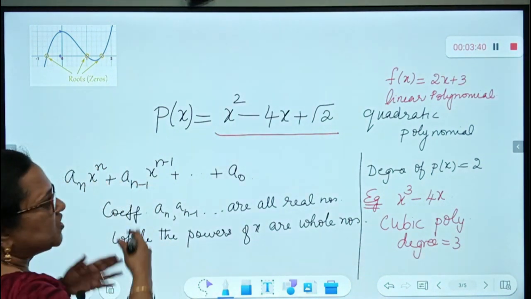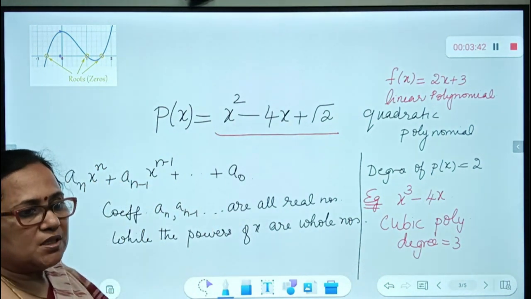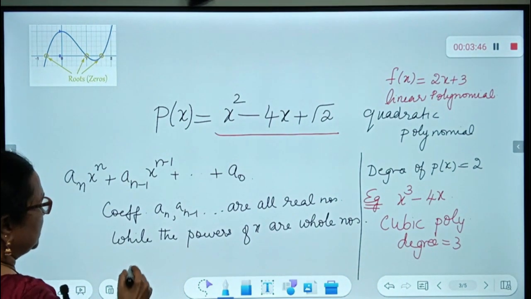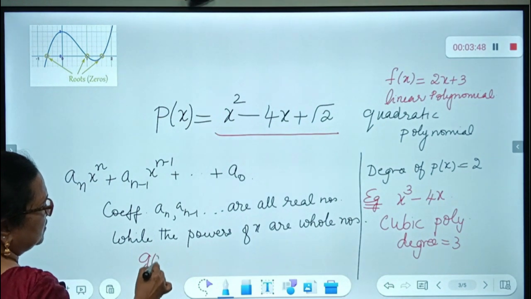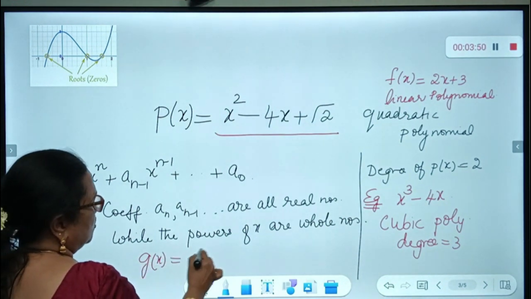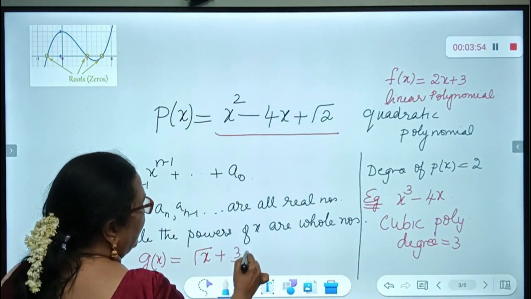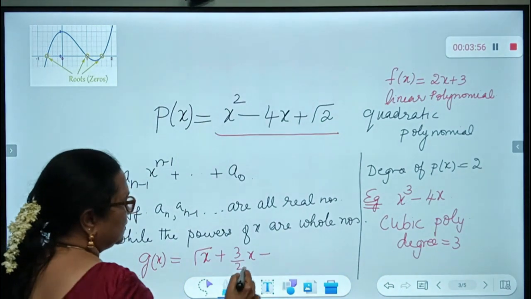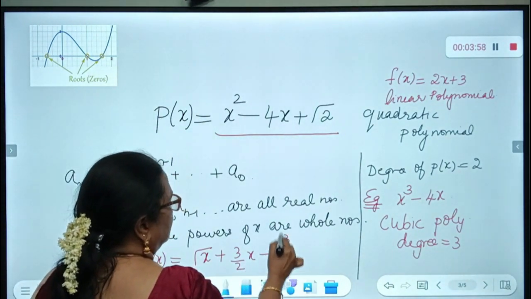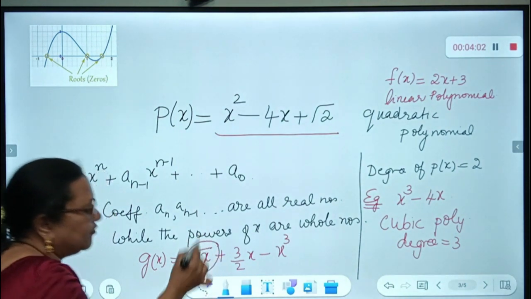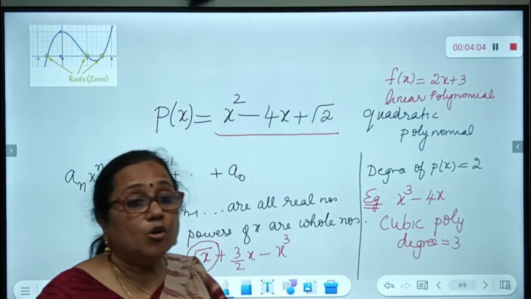Now, we have seen examples of polynomials. Let us now see what are not polynomials. Now consider g of x is root x plus 3 by 2x minus x cube. Here the power of x is half, which is not a whole number.